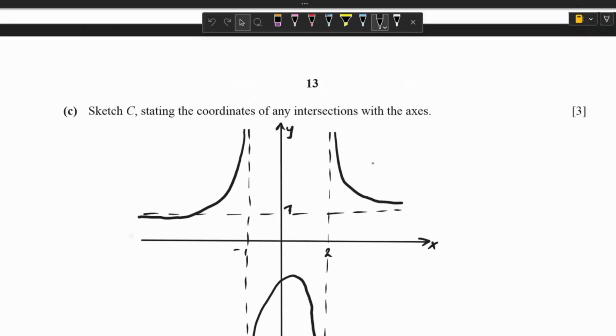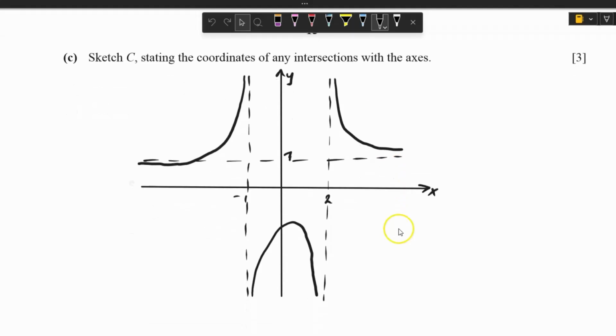So this is what we get for this particular graph. Now the question also says we should state the coordinates of any intersections with the axes. So you can see here that the only intersection of this graph with the axes is here, where the graph intercepts the y-axis. Now we know that when the graph intercepts the y-axis, it will be at a point where x is 0, right?